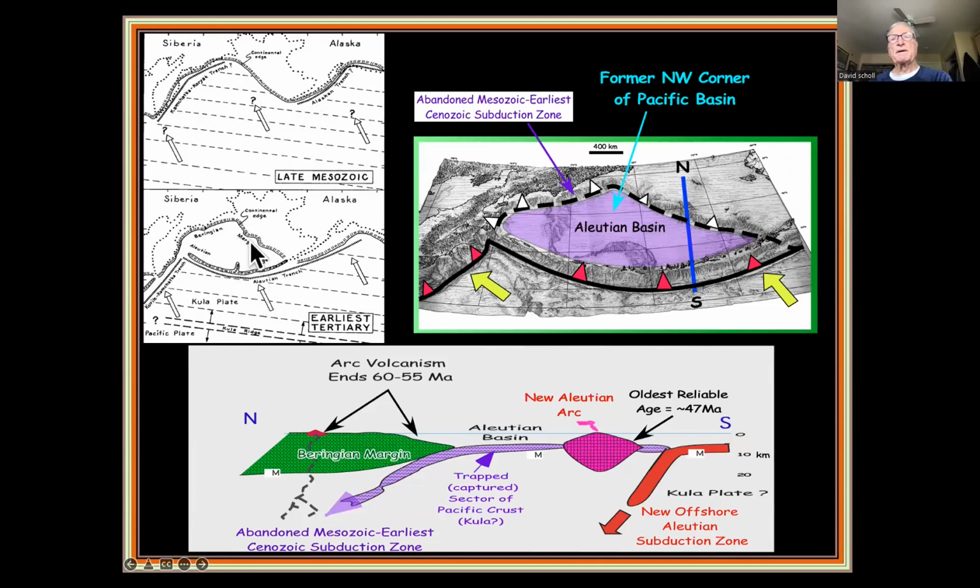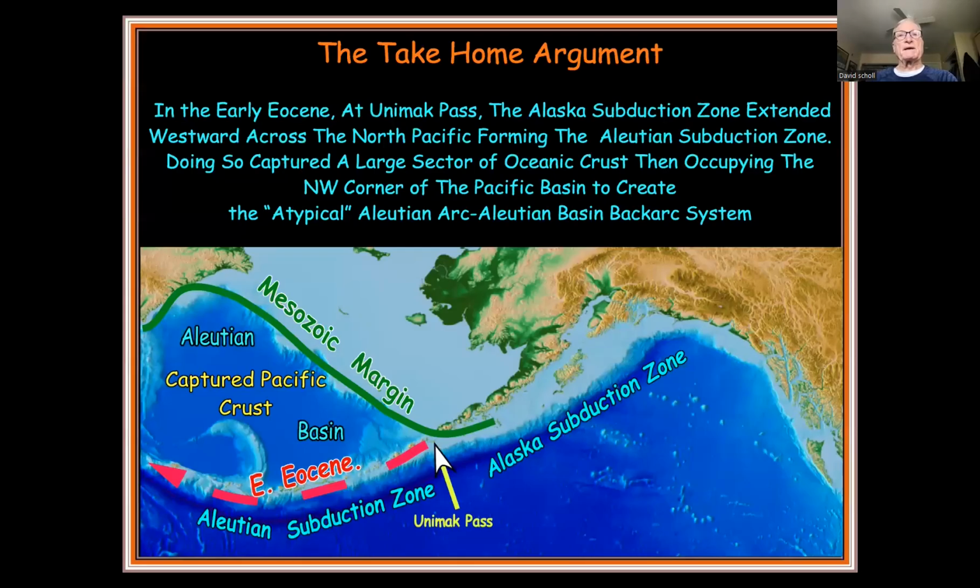This would be the Aleutian Basin, former northwest crust corner of the Pacific Basin. This is an abandoned Mesozoic-Cenozoic subduction zone, with a big arc system jammed in there. The corner of the North Pacific just got cordoned off, and a piece of the Pacific crust is back in through there.